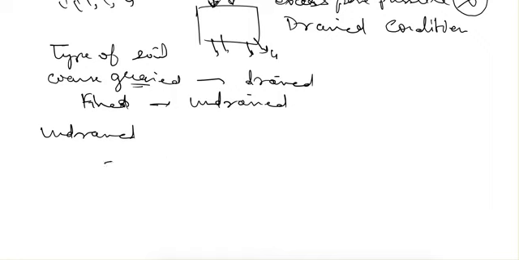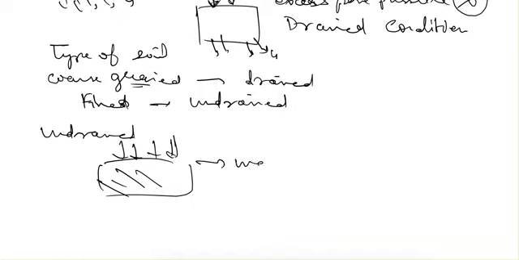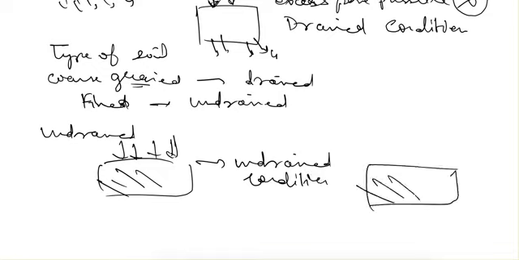When will it happen? If it is a coarse grained soil and we suddenly apply a large load, there is a possibility that undrained condition exists. And even if it is a clayey soil and we slowly apply this load, it is possible that only drained condition exists.